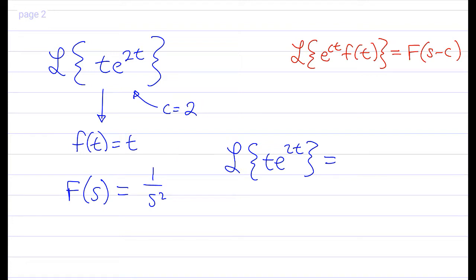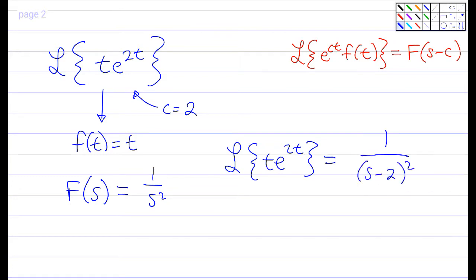That's just 1 over s minus 2 quantity squared. That's it. Knowing this original transform was essentially all we needed to know to get the transform of this compound function. Just shift this transform 2 units to the right.